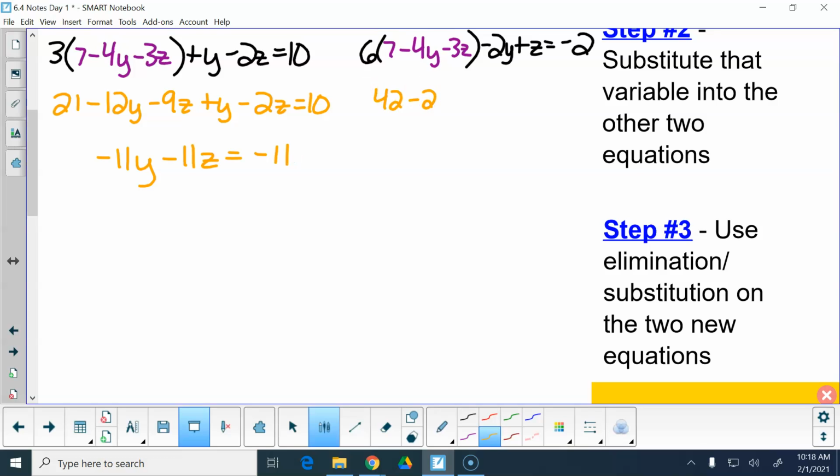And 42 minus 24y minus 18z minus 2y plus z equals negative 2, so negative 26y minus 17z equals negative 44.